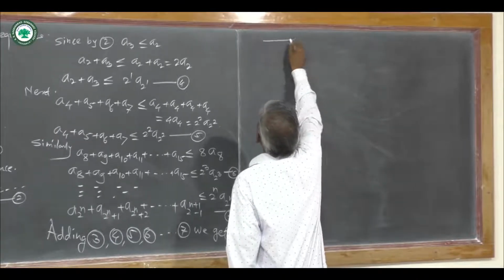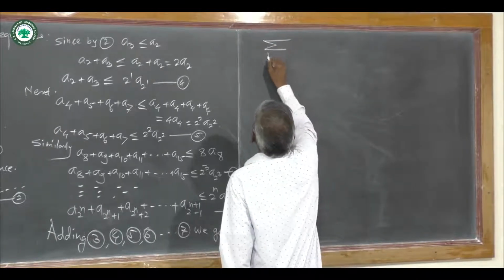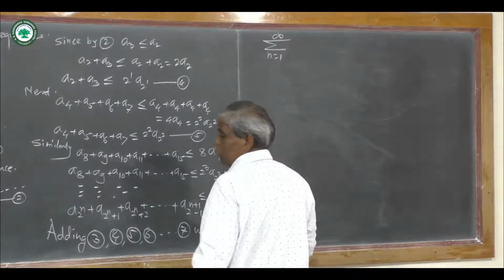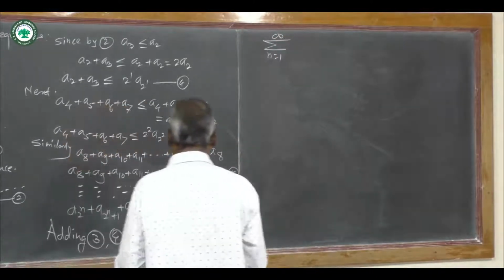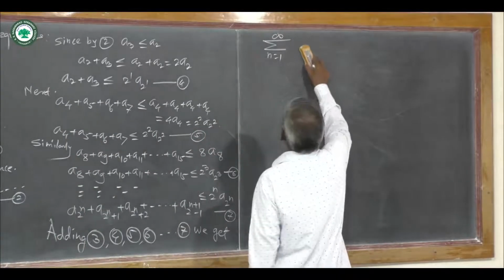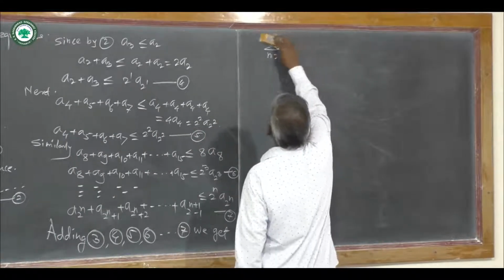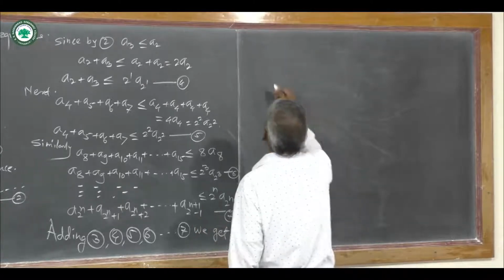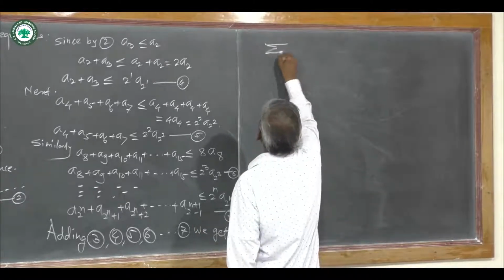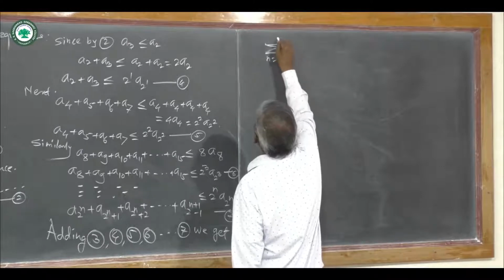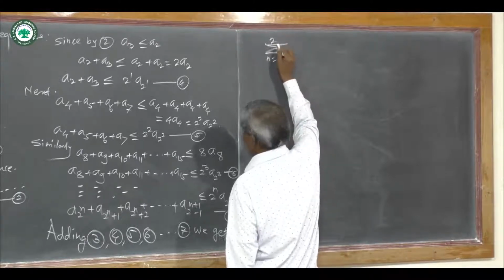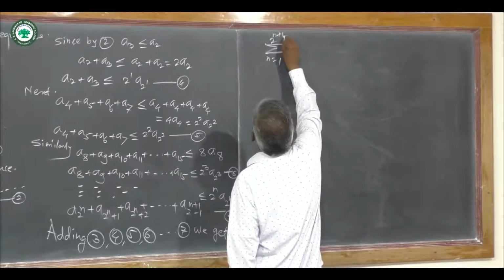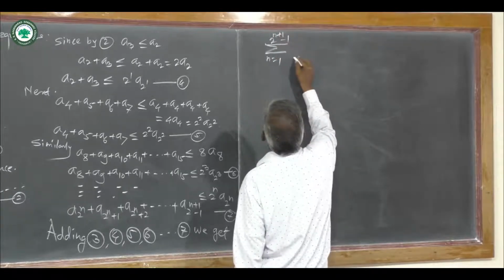We write summation n is equal to 1 to infinity, summation n is equal to 1 to 2 to the power n plus 1 minus 1.